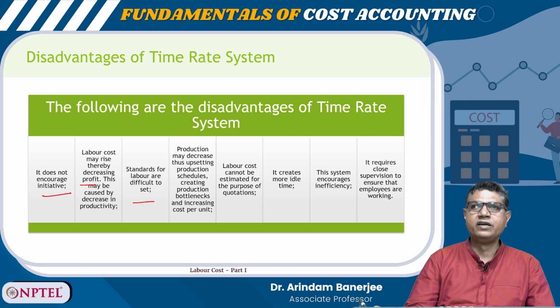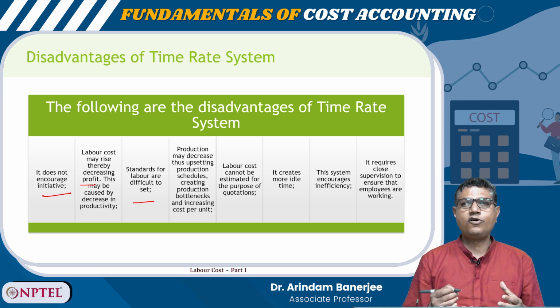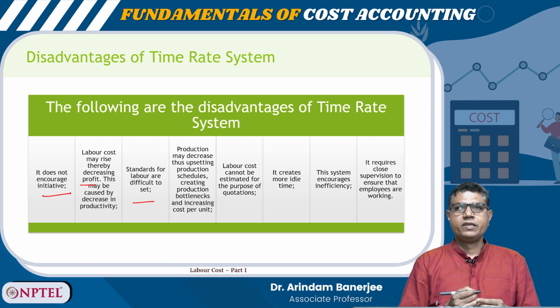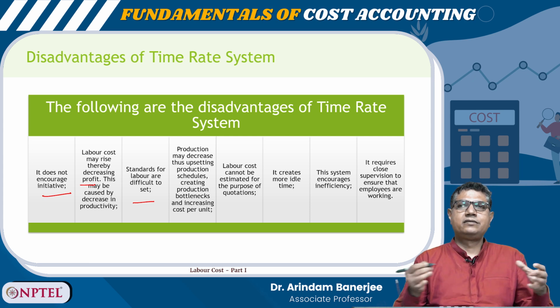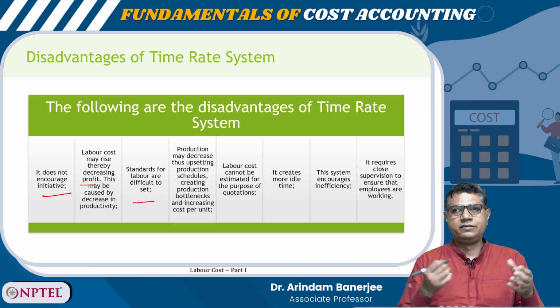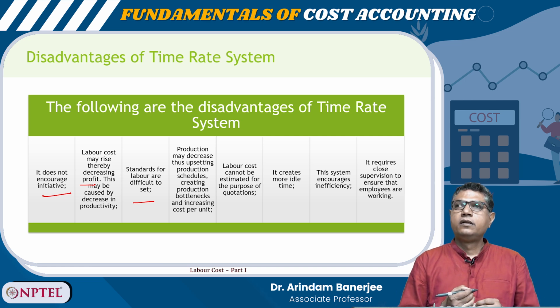Production may decrease, thus upsetting the production schedules, creating production bottlenecks and increasing cost per unit. If all the workers are not equally efficient, then it may create bottlenecks in the production process, thus decreasing productivity. Labor cost cannot be estimated for the purpose of quotations.